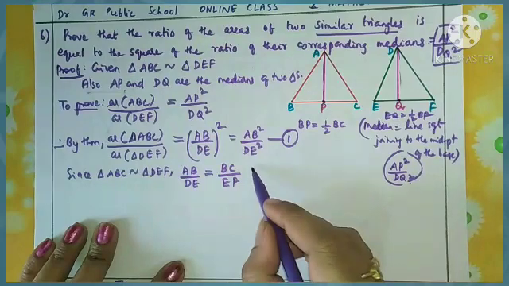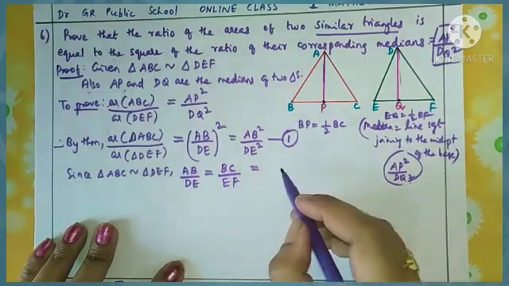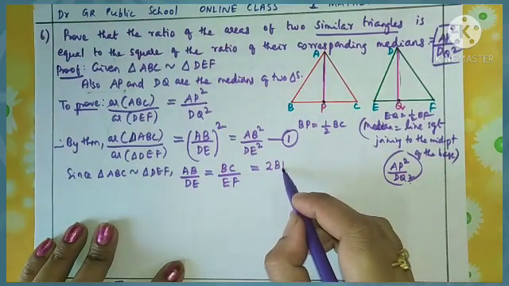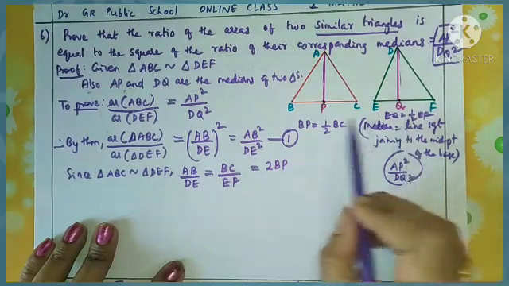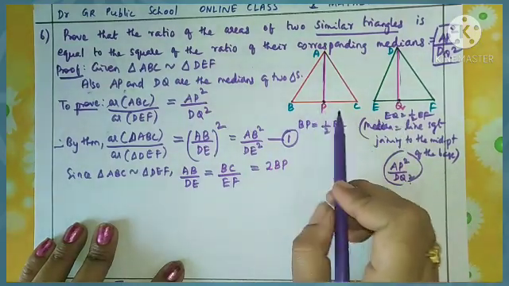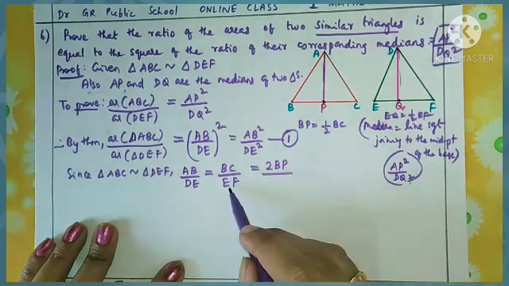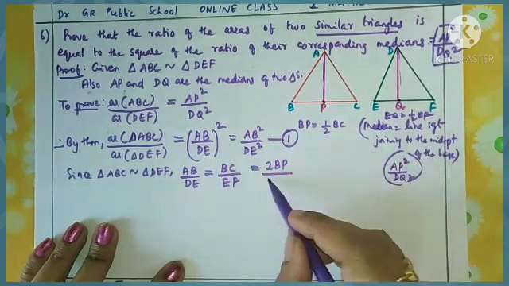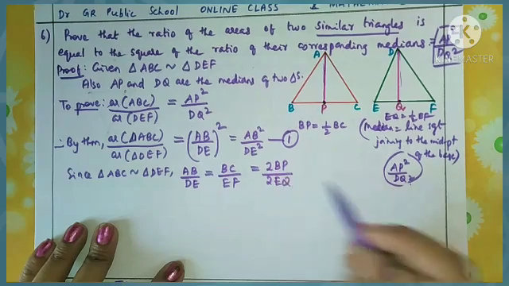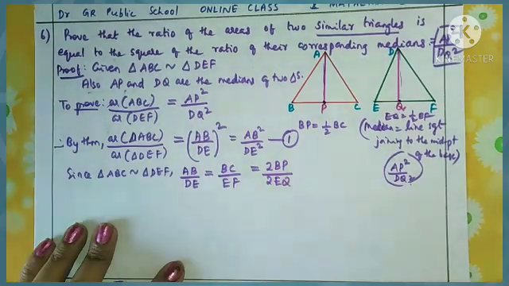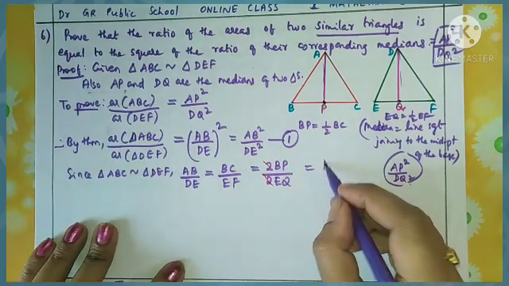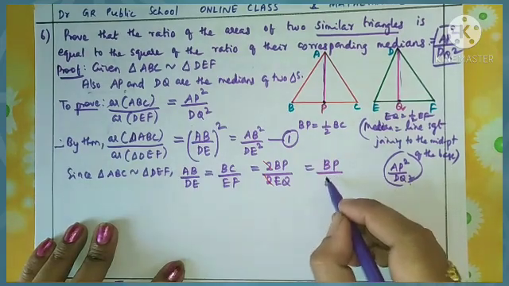So I can write BC as 2 times BP, and similarly EF as 2 times EQ. When you cancel the 2 and 2, that will be BP by EQ.